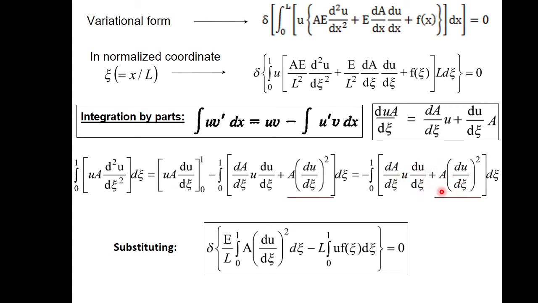And from here this quantity, when we put it there, something will get cancelled, dA dxi into u into du dxi, right? This part will get cancelled with this. So in that case, this is the final form of the equation.